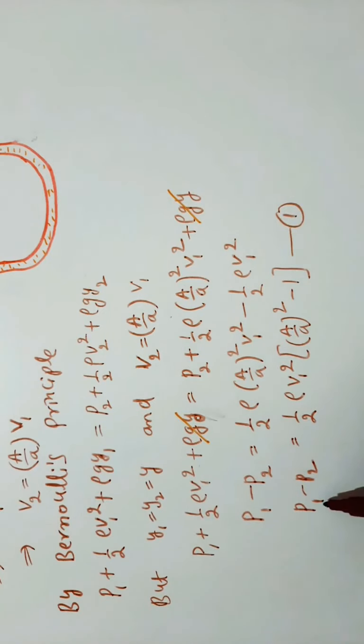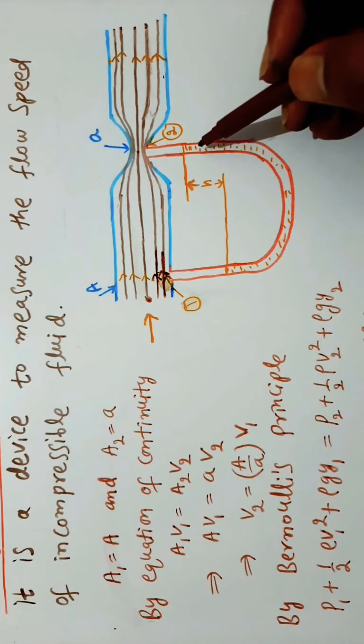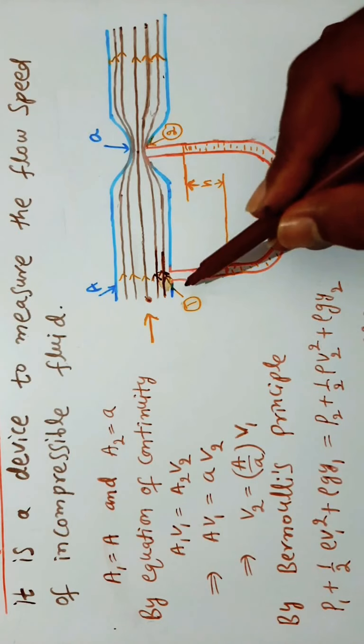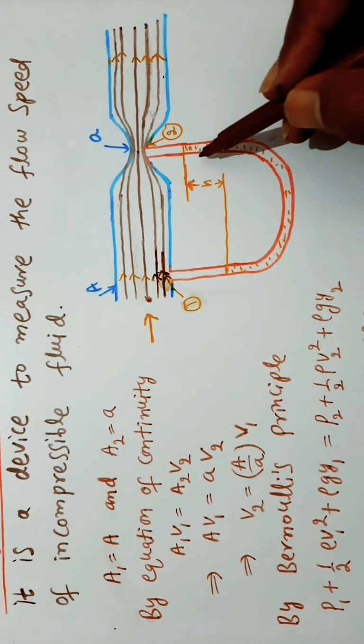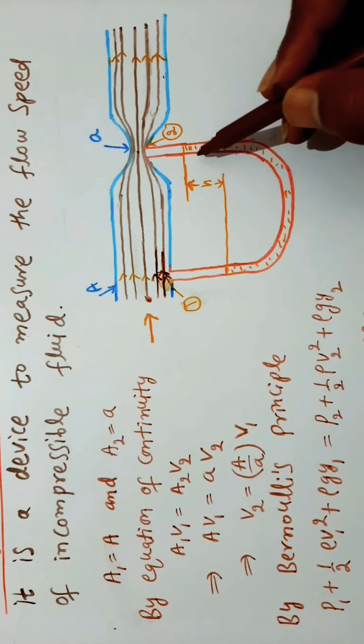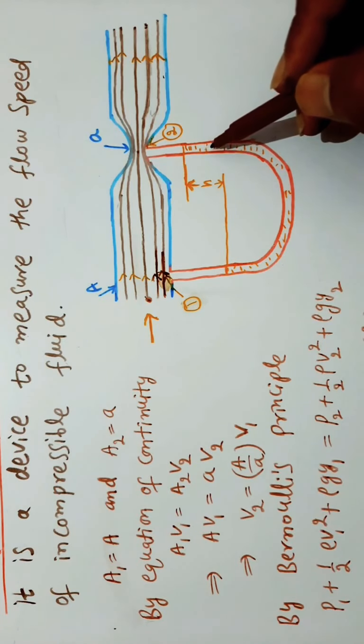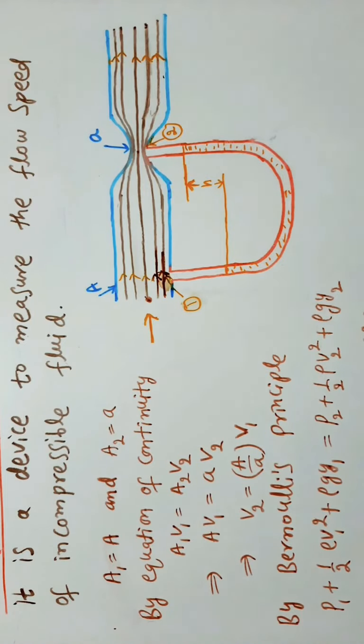Here the pressure difference P1 minus P2 is measured by the manometer. In the manometer, the pressure difference is equal to rho m g h, where rho m is the density of the manometer liquid.